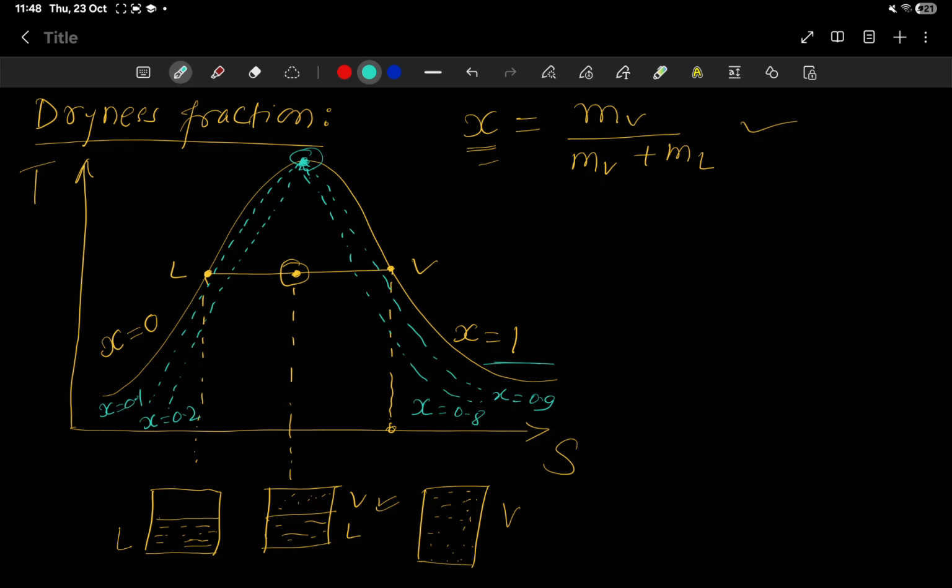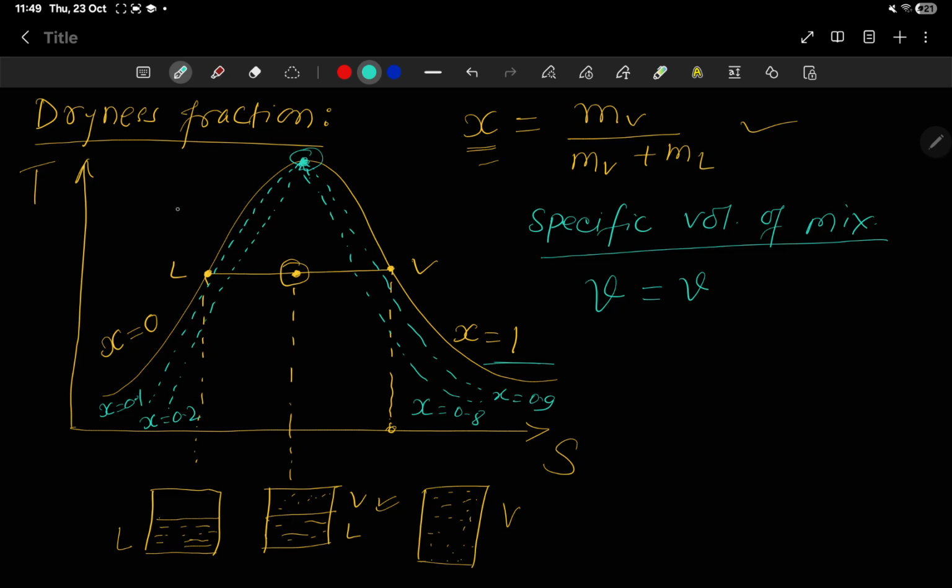Similarly we define a specific volume of the mixture. If you do the derivation, we get v equals vf plus x into (vg minus vf), where f is the saturated liquid line and g is the saturated vapor line. This is the specific volume of the mixture, defined for the wet region.